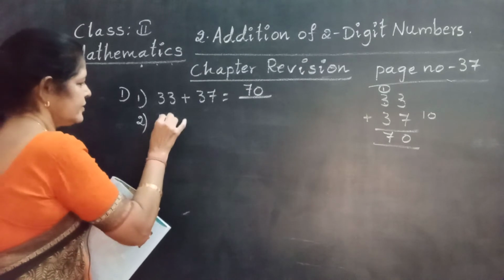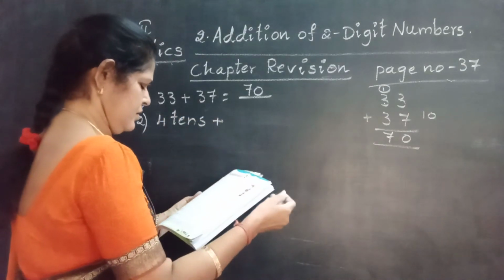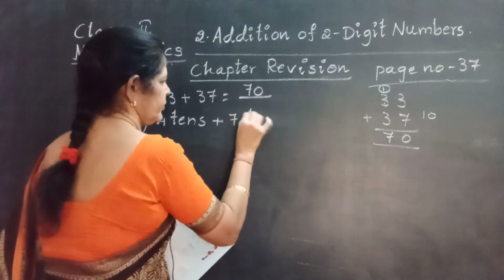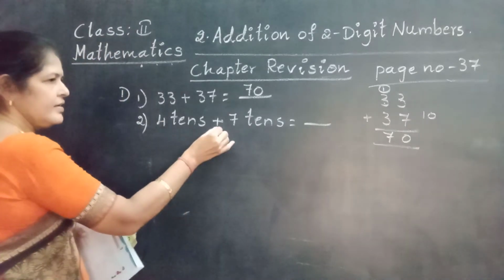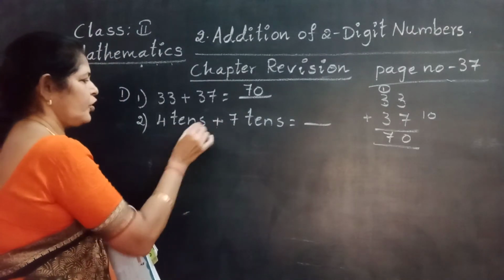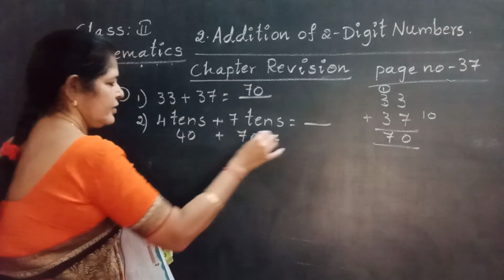4 tens plus 7 tens. Find the total. Plus means find the total. Do addition. 4 tens is 40 plus 7 tens is 70. Then how much?